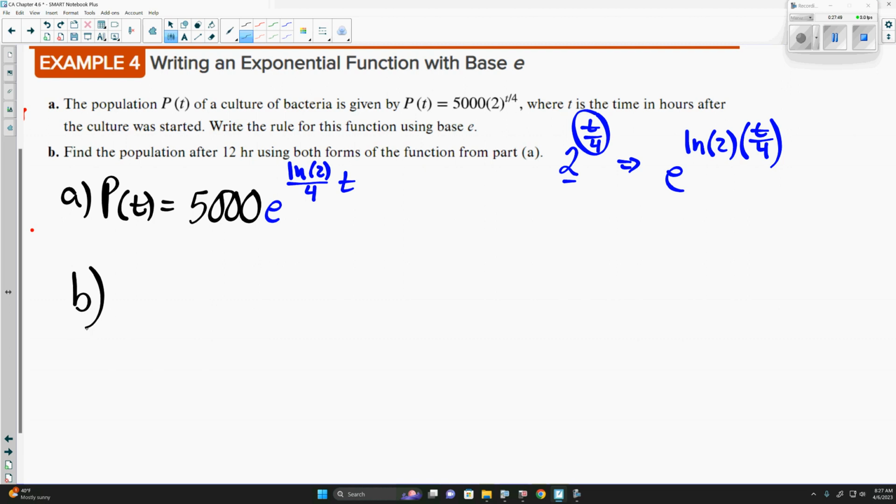Find the population after 12 hours using both formulas from part A. So P of 12.